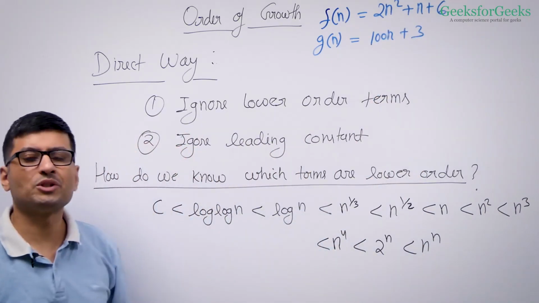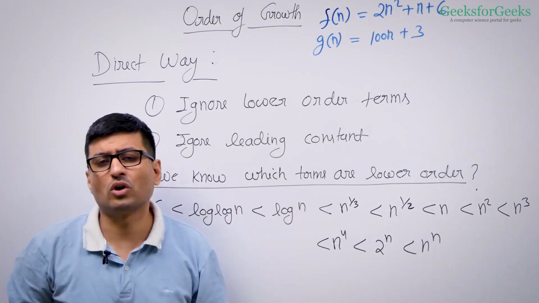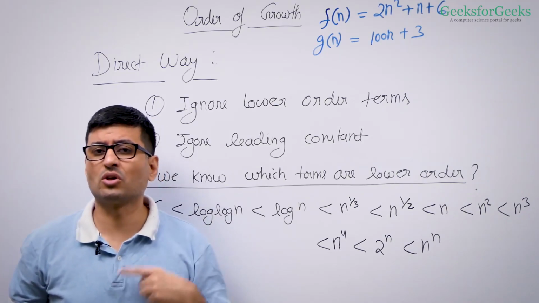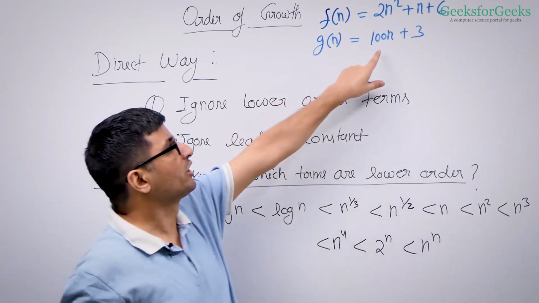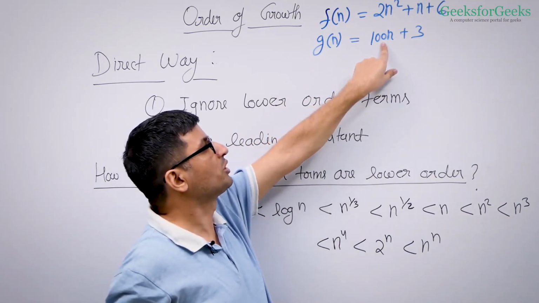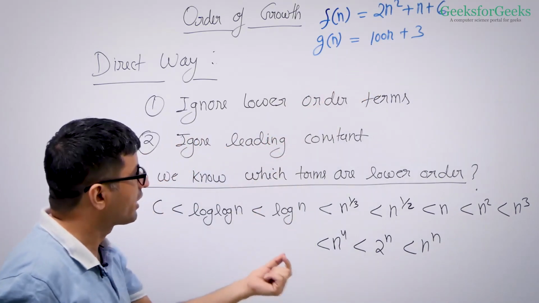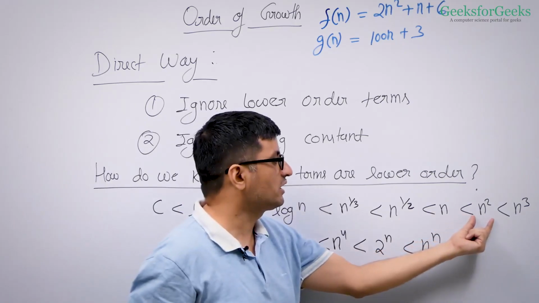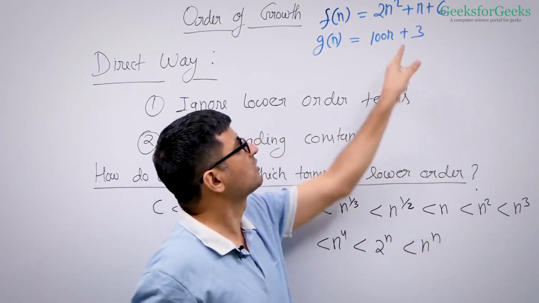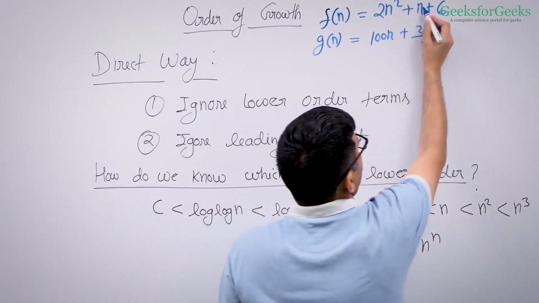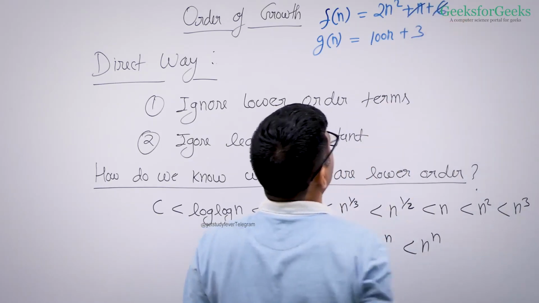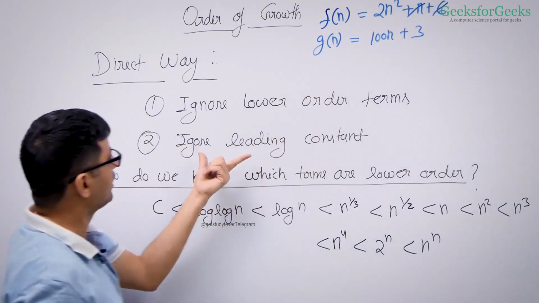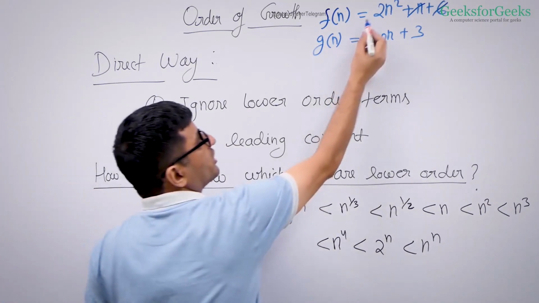Now how do you decide which one is better or which one is faster growing? You ignore the lower order terms of both the functions. So from here n square is the higher order term. So you can ignore n here, right? You can ignore 6 here. And you can ignore the leading constant. You can ignore this constant too.